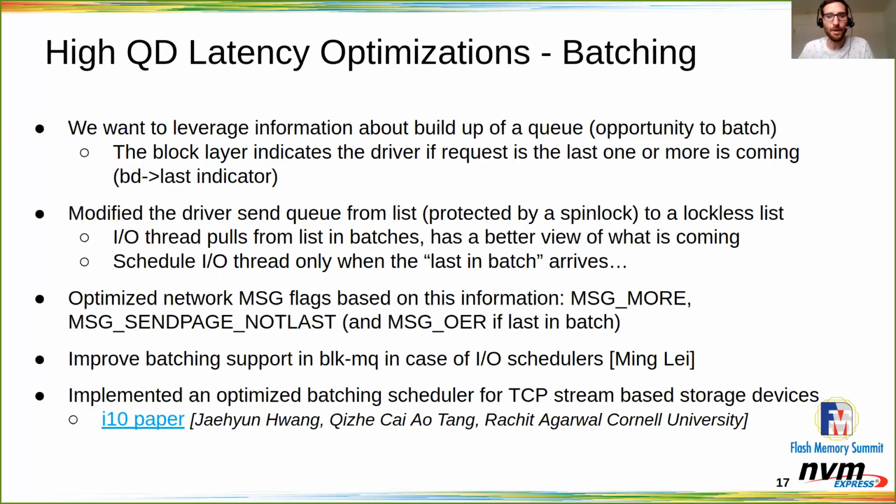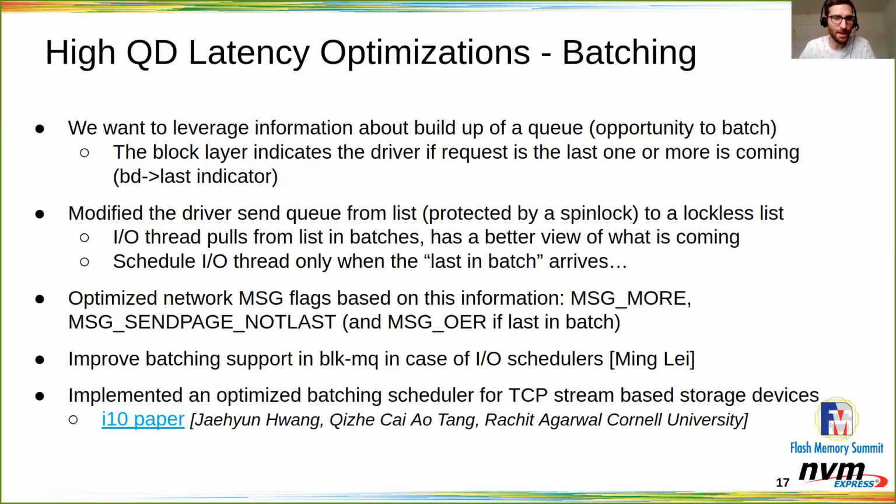And the last one is work by a team at Cornell University that built an I/O scheduler that is optimized for this sort of TCP stream batching workload, optimizing for bandwidth and latency.